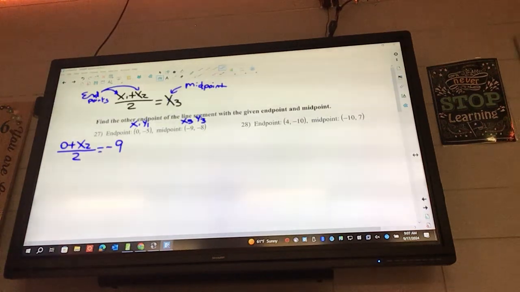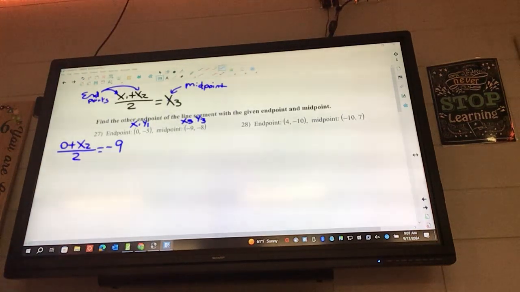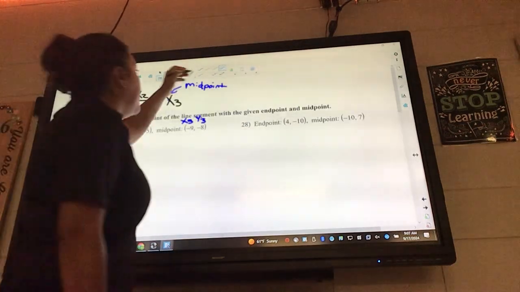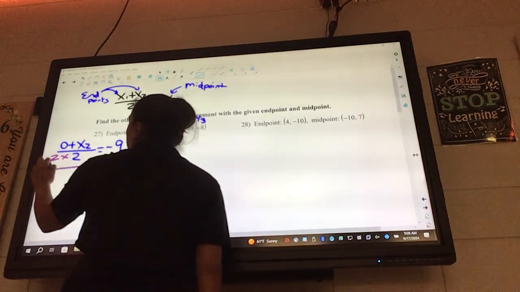All of these have 2 steps. What are the 2 steps? You're always going to multiply and then either add or subtract. So our very first step is going to be multiply by 2.